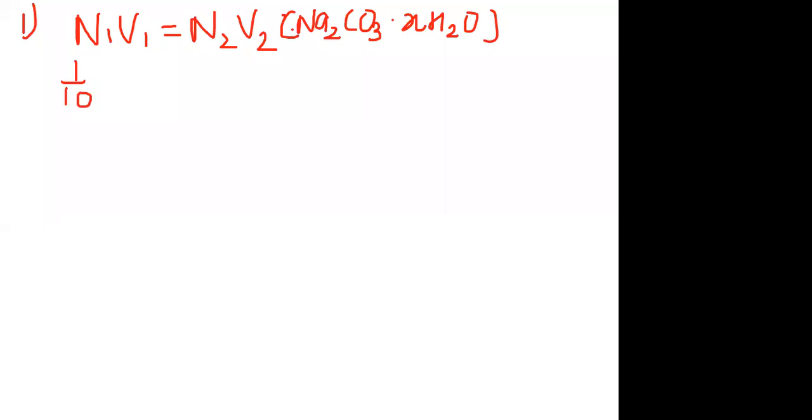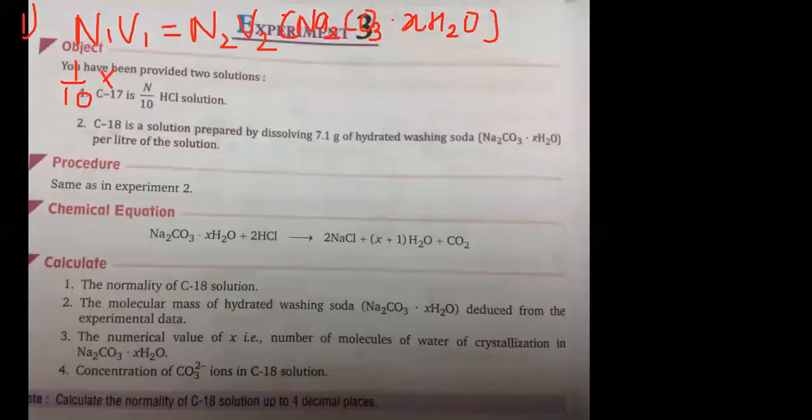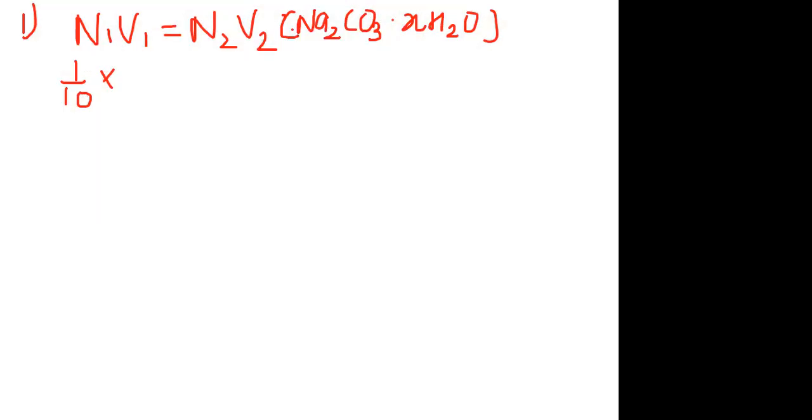And the titer reading for HCl, I don't know if it is given in this table, we will take it as 25.4. Let this be the volume of the HCl that we had used. This is equal to N2, which we have to calculate.